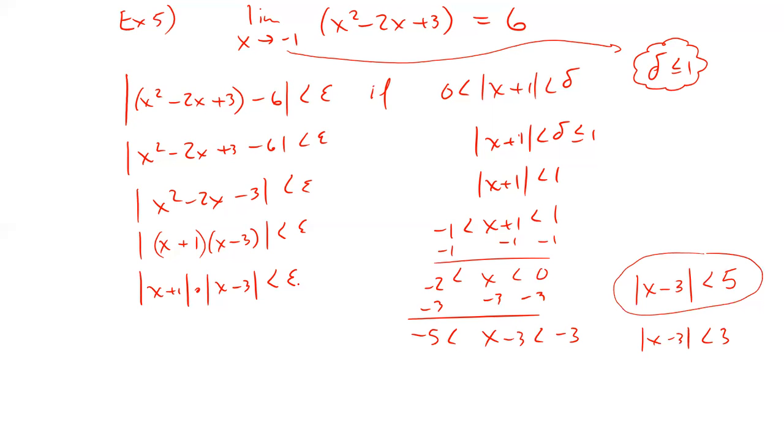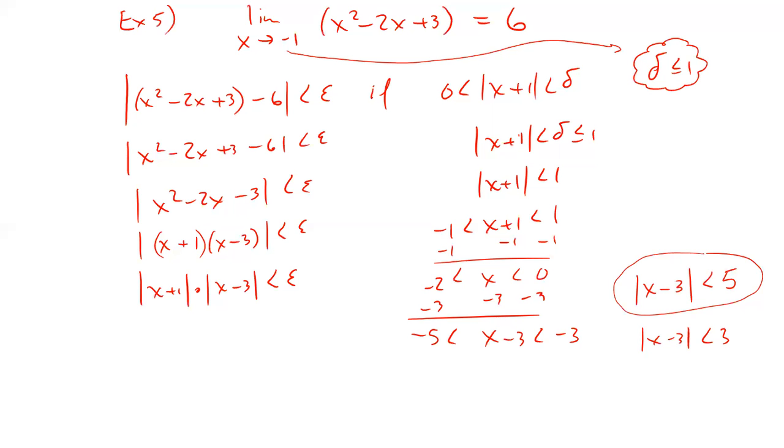I'm going to expand this out just a bit: x plus 1 times x minus 3 is going to be less than x plus 1 times 5, less than epsilon. Pretty good there. We're going to divide both sides by 5, and we have ourselves this answer right there.